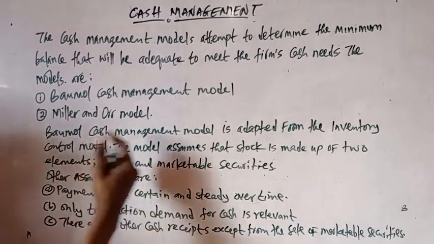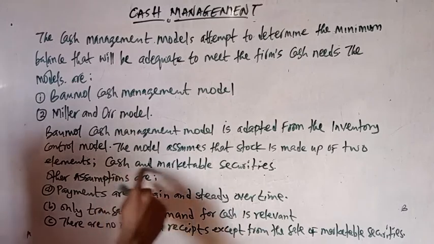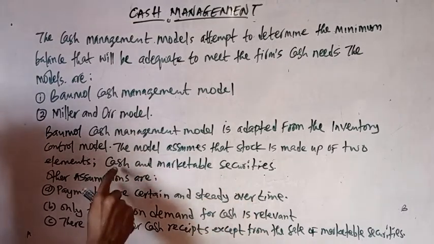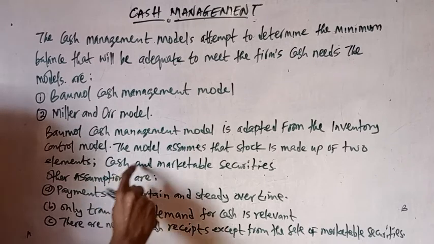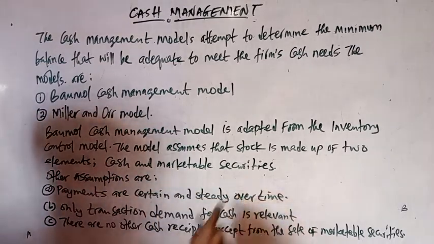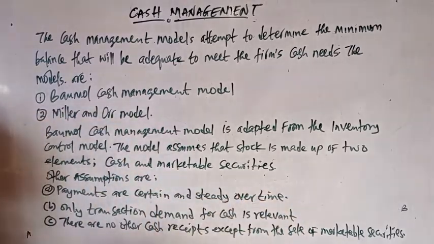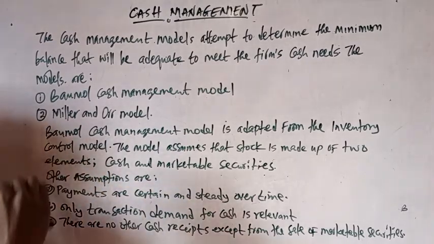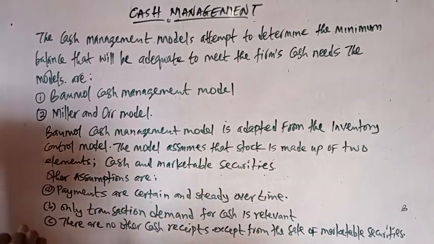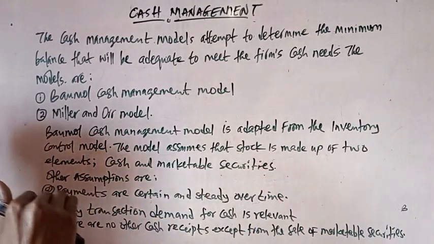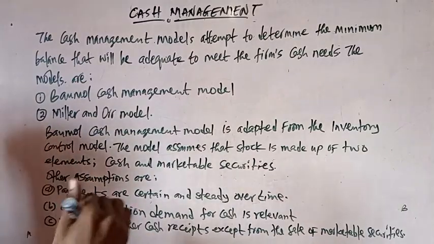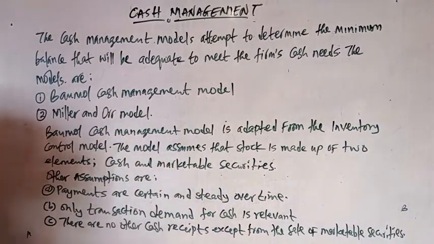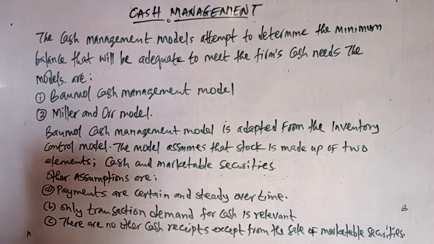Why are they making reference to cash and marketable security? Simply that when there is need for cash, you dispose of your marketable security in order to replenish and bring the cash level back to the optimal level, which the company tends to maintain in order to minimize the carrying cost and opportunity cost of cash.